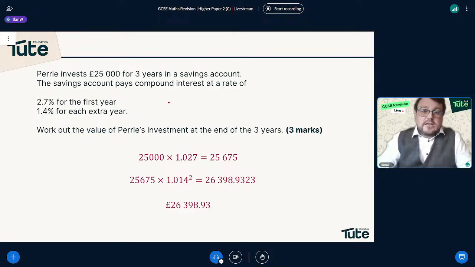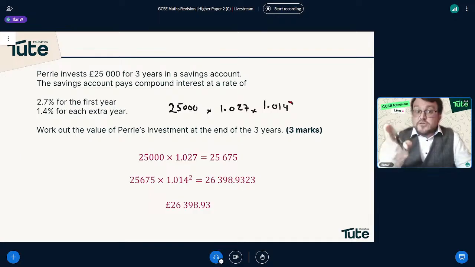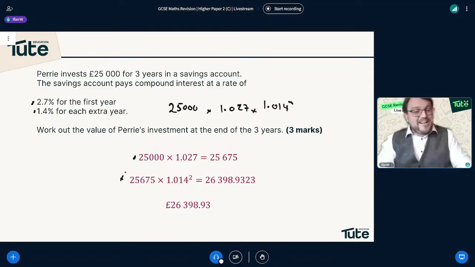So instead of doing it like I did, going 25,000 multiplied by 1.027 multiplied by 1.014 squared, you can do that. It's quick. But this is enticing you to do it in steps. So first step, boom, right there. Second step, boom, right there. And it's very, very clever as well.